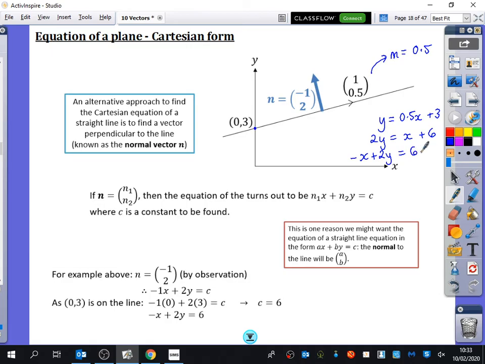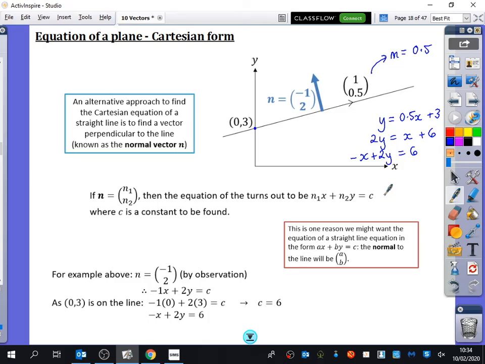It just sounds a bit strange to say this, but if you know a vector which is perpendicular to the line, it will always be in this form, where the i and j components of the perpendicular vector go in front of the x and y variables, and it will be equal to some constant.